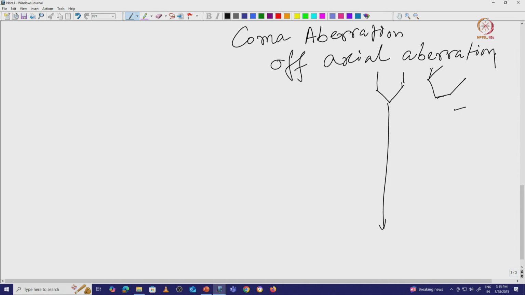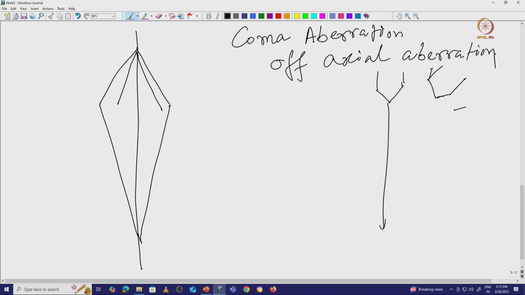Now you consider a very perfect situation where all the rays are coming from the center. If all the rays are coming from the center, they will come all the way here, and it will give us an image. It is not that one single ray comes; this is the optical axis.